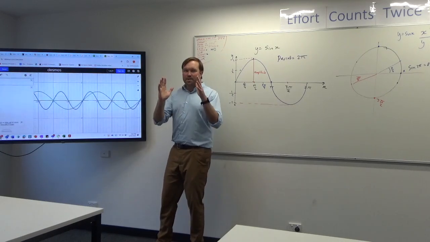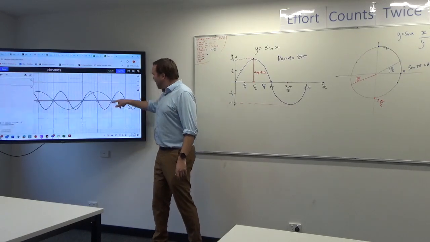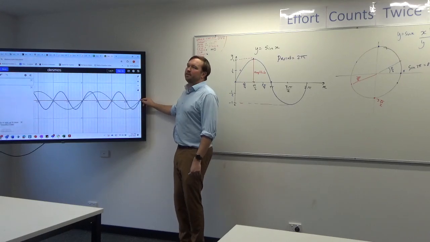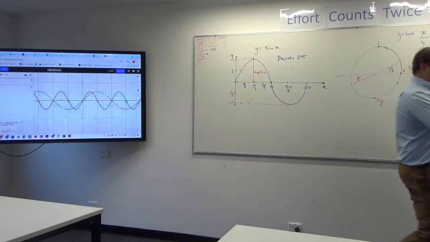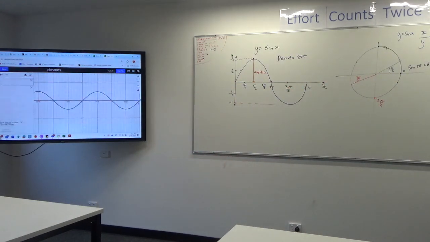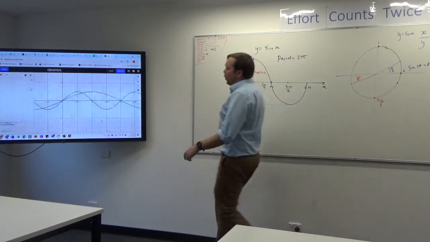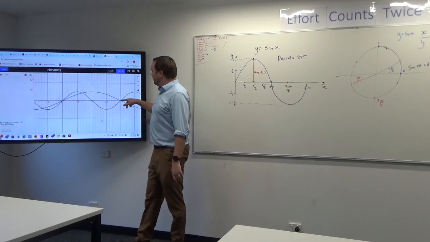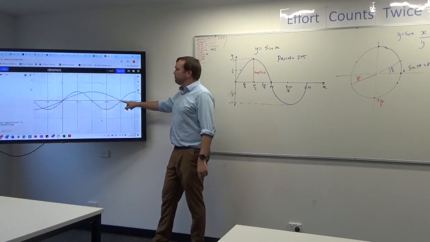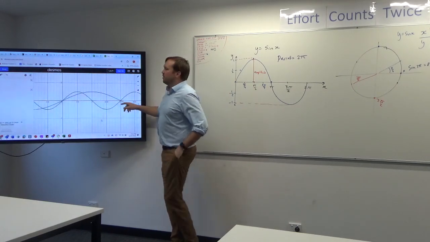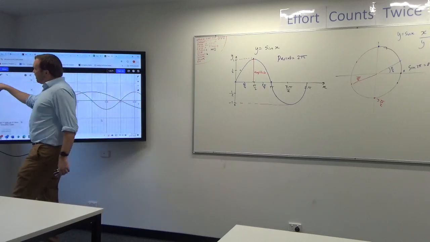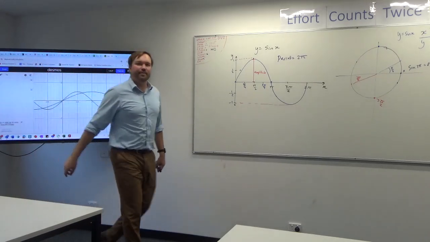The blue is being concertinaed, it's repeating twice within 2 pi. If I put a half pi in there, rather than it repeating once within 2 pi, it only repeats half within 2 pi. So this here impacts the period.